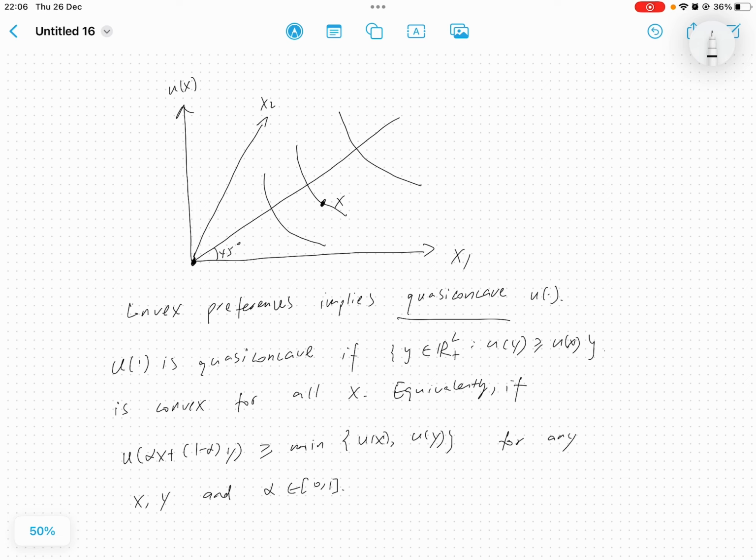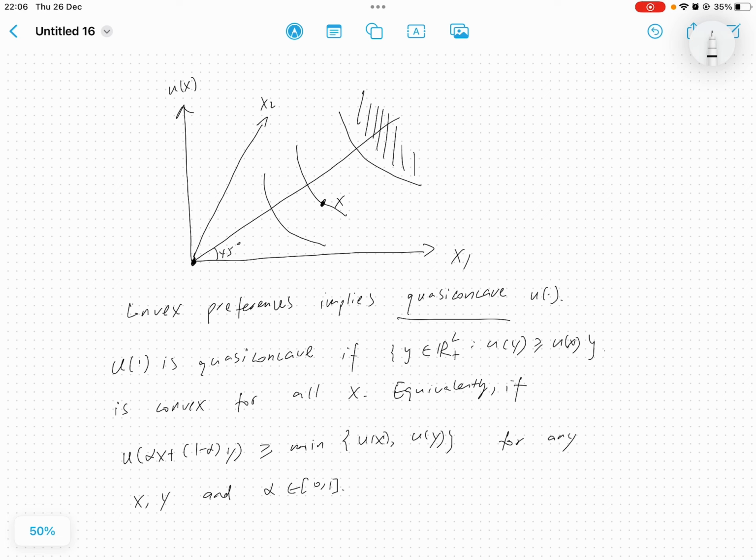We said that for the preference to be convex, it's simply that the upper contour set of this preference is convex, right? So this set is convex. And in this case, this utility function itself has to be quasi-concave.